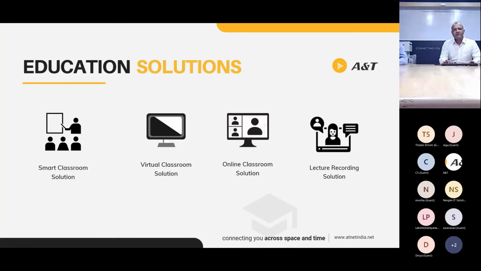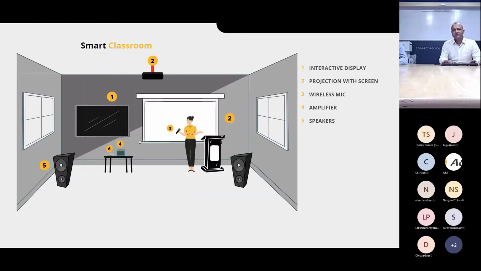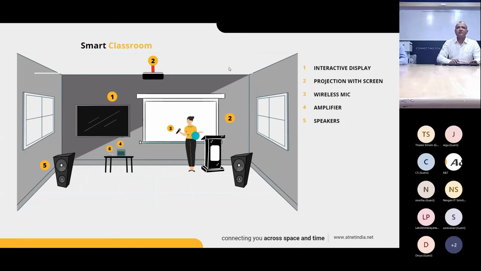So as I said, we have created 4 different solutions for the education side, especially. One is the smart classroom solution, then the virtual classroom, the online or hybrid classroom solution, and the final one is the lecture capturing or recording solution. So smart classroom is a basic solution which we created using our interactive display.